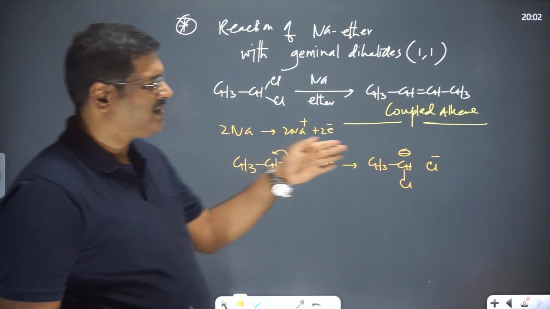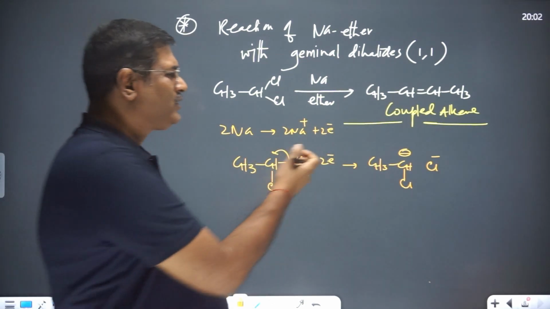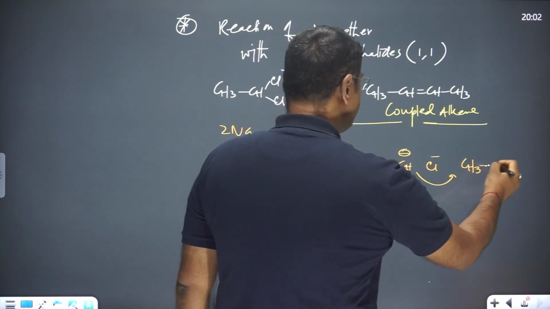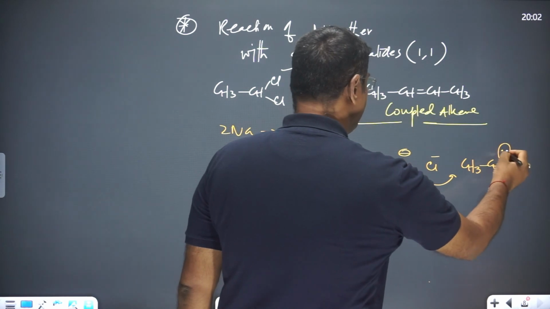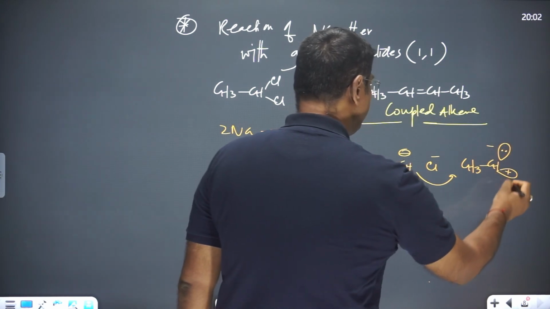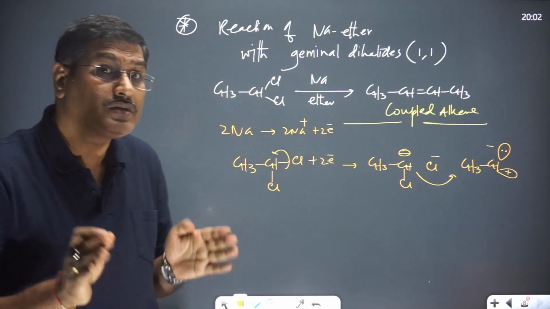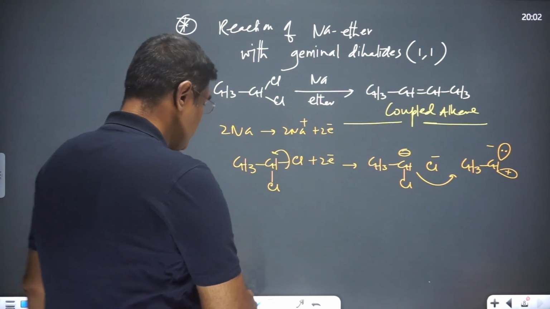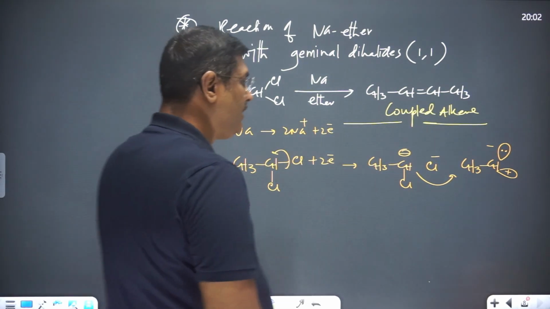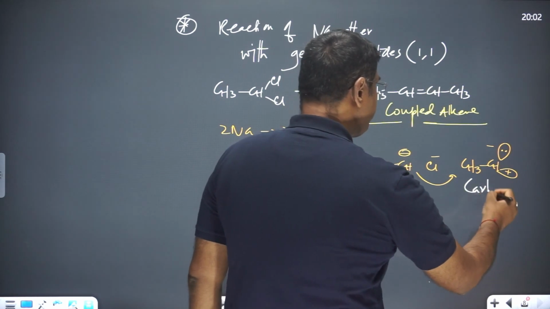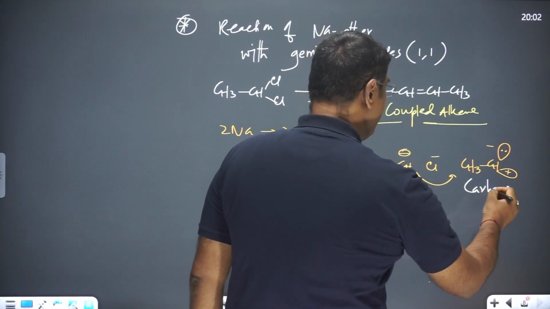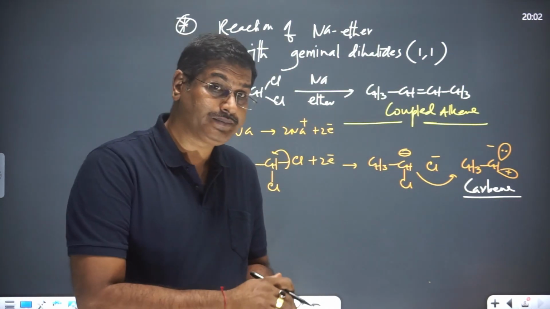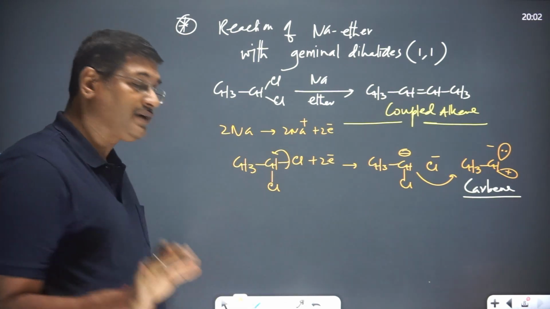As this alpha carbon has one more Cl, that is also lost, and that will give CH3CH with a carbene. A carbene intermediate forms in this case. Mainly we are dealing with singlet carbene.